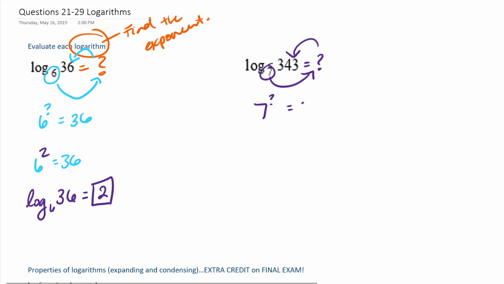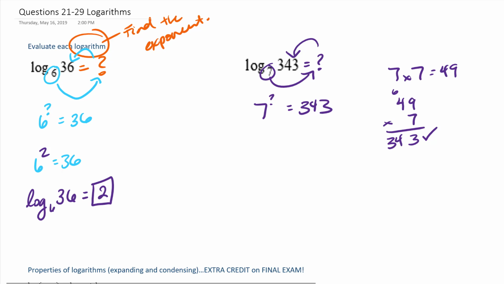7 to the what power equals 343? I don't know my powers of 7 very well, so I just need to start multiplying by 7. 7 times 7 is going to equal 49, and 49 times 7, I can't do that one in my head, so I need to try and do this. 9 times 7 is 63, carry the 6, 4 times 7 is 28, plus another 6 is 34, so 343, and there it is.